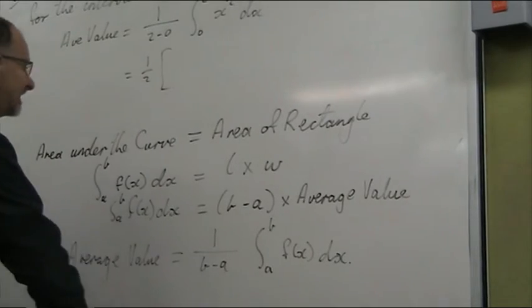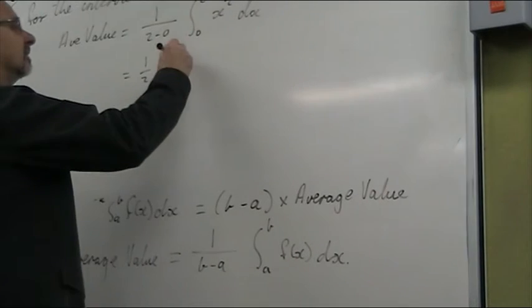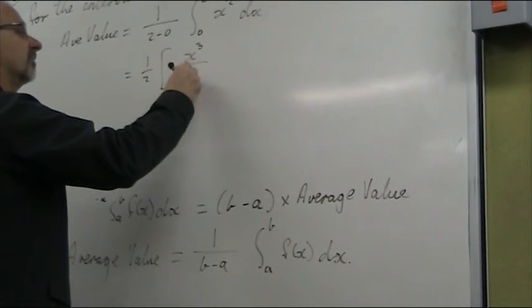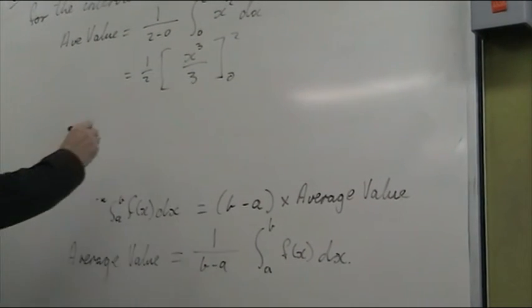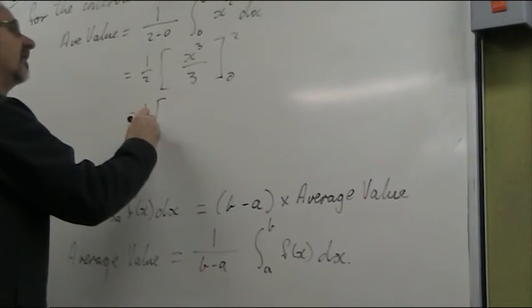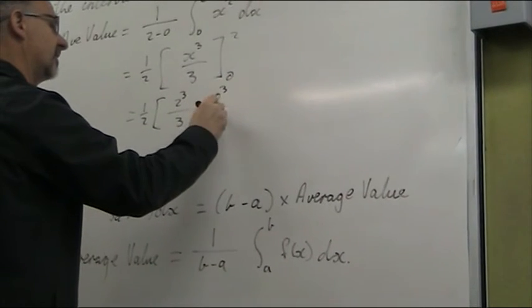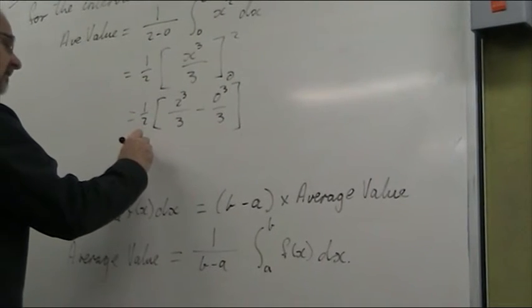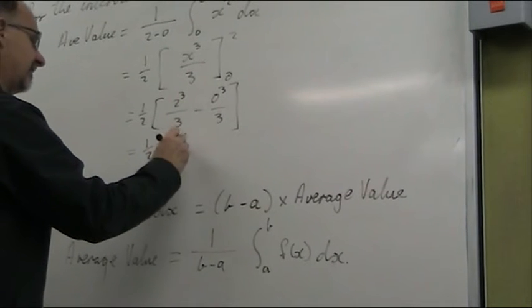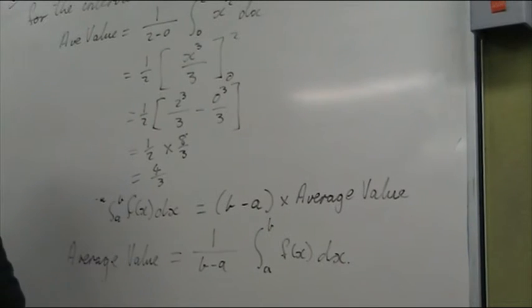You anti-differentiate x squared and you get x cubed over 3, from 0 to 2, so that's going to be a half of 2 cubed on 3 minus 0 cubed on 3. What's in the brackets there is 8/3, I believe. And so 4/3 is our average value.